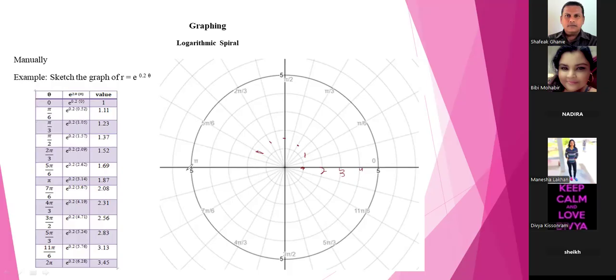Sorry, pi is 1.87, which is here. Then we have 7 pi over 6, which is 2.08, and it continues.